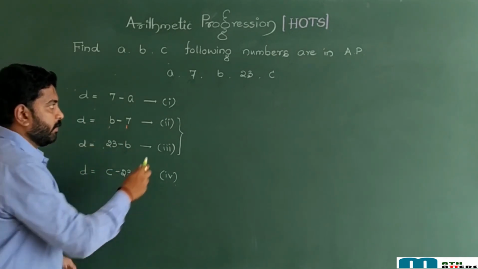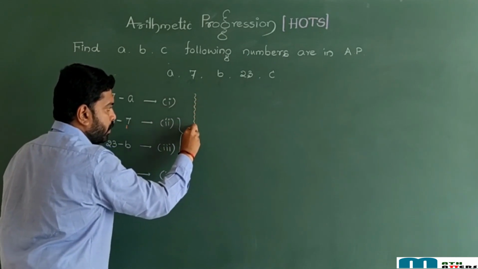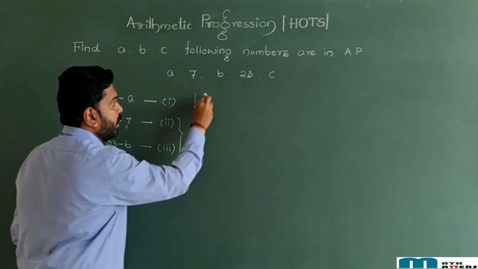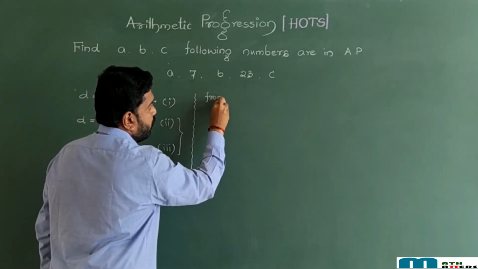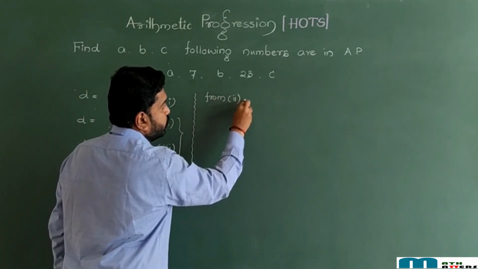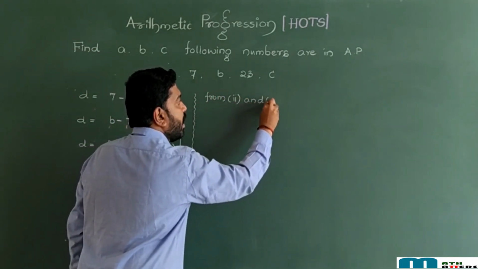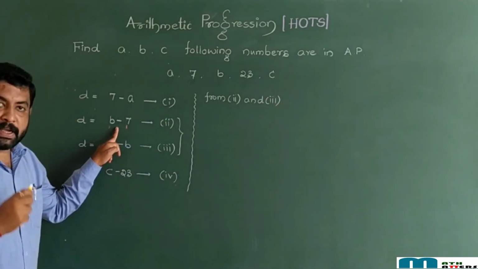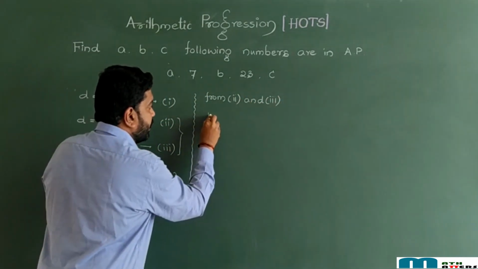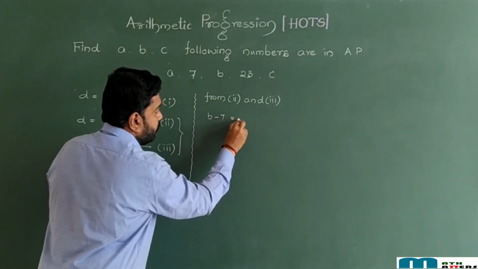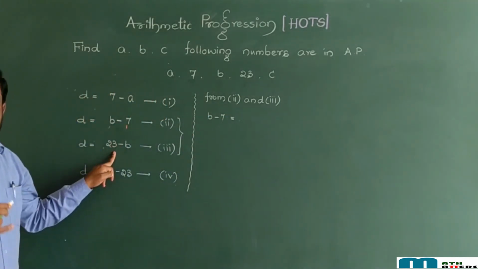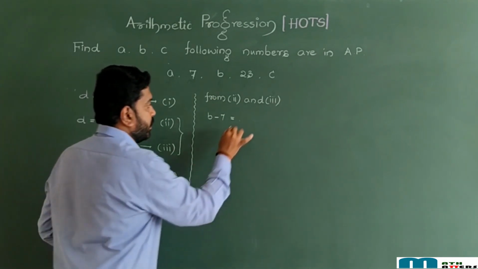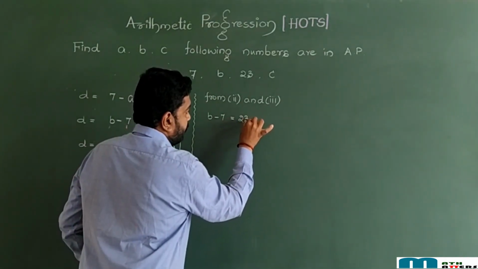Any equations you can equate. From 2 and 3, I am equating the second and third equation. That is b minus 7 is equal to 23 minus b.